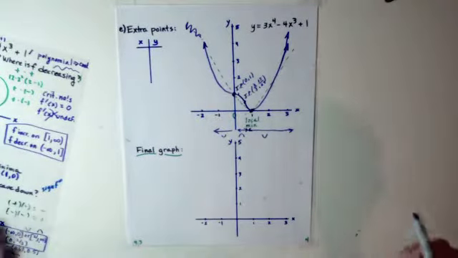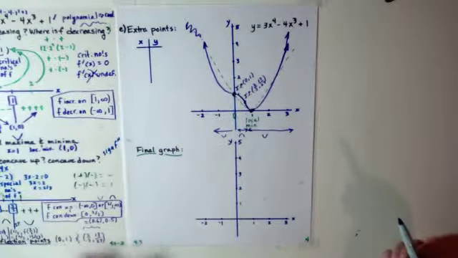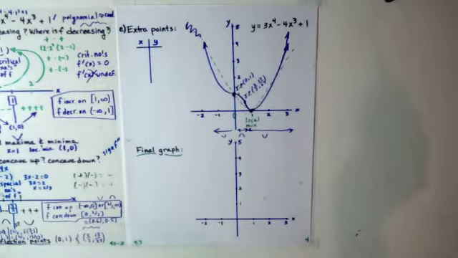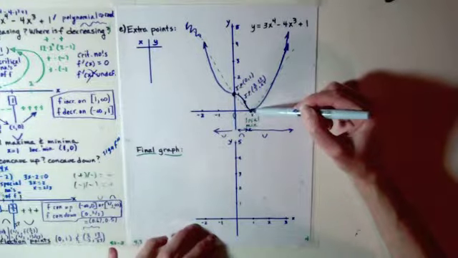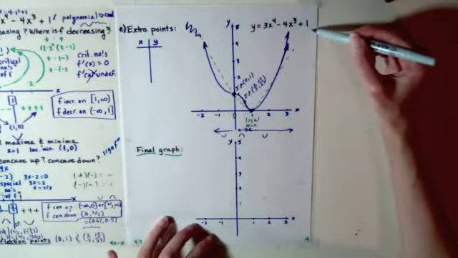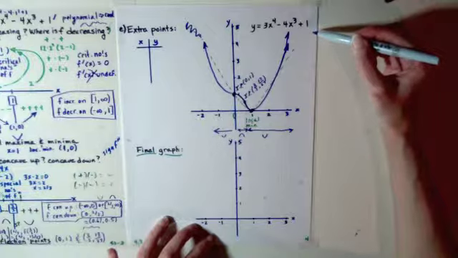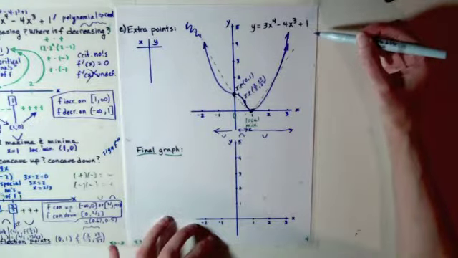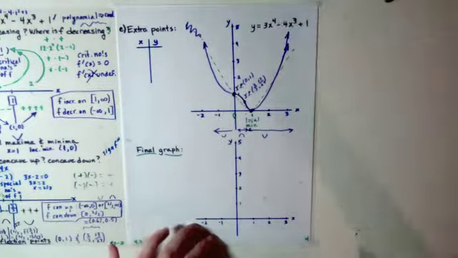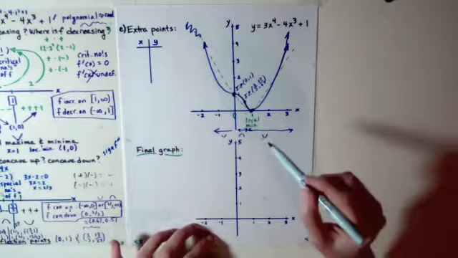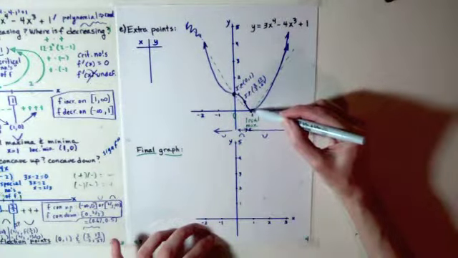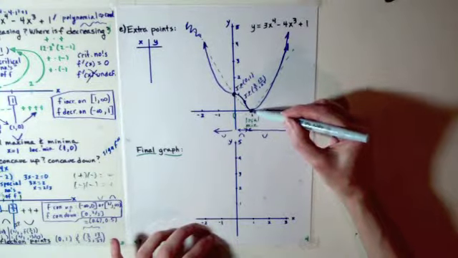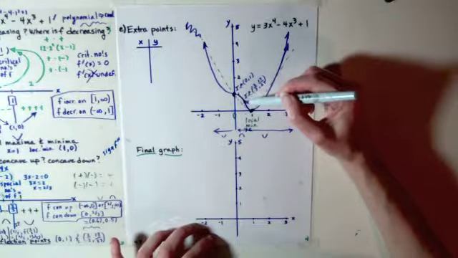So this is actually a pretty good graph of my function. How many points though have I actually plotted? I have only plotted 3 points, 1, 2, 3. And back in algebra, if you were asked to plot the graph of a polynomial of 4th degree, you'd have to do a lot of points before you could get a graph that was this accurate, and you might never know exactly where the local min is or where these inflection points are.